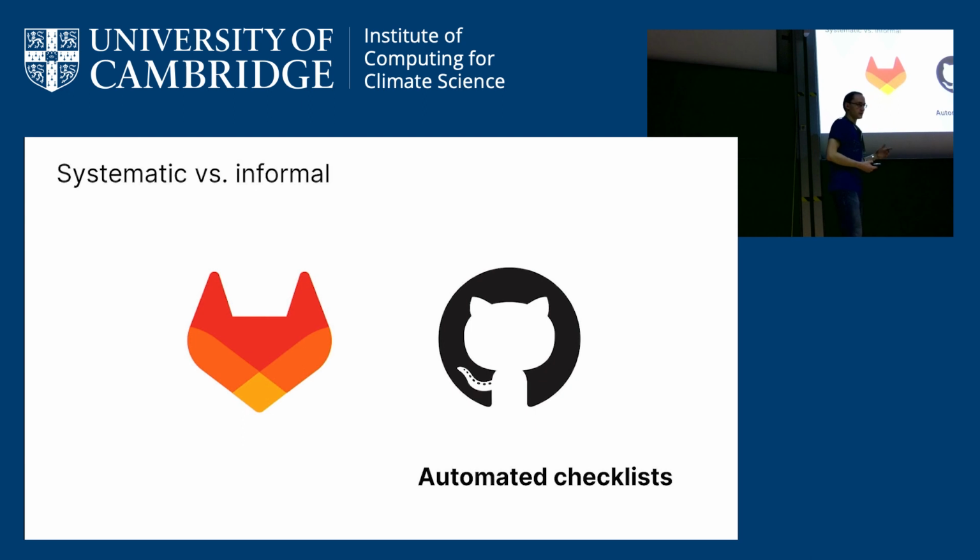Yes, there's been a couple of tests added, or code coverage is still at the level that you expect, and so on. So depending on whatever service you might be using, there's different ways of automating your checklists, essentially.